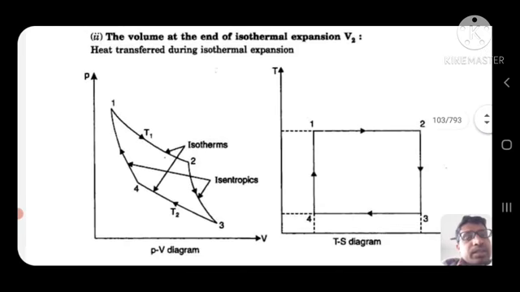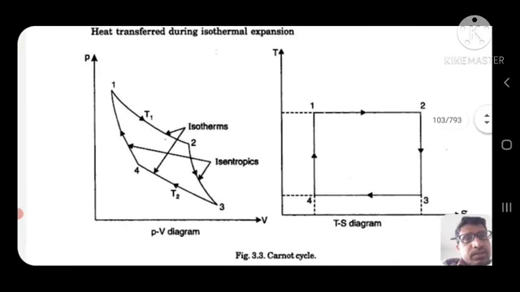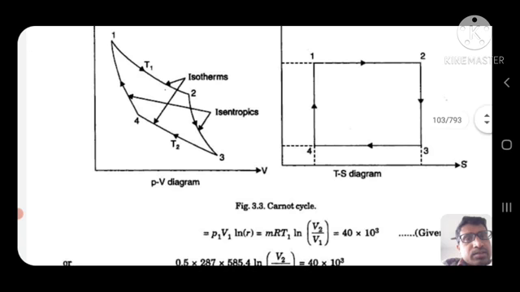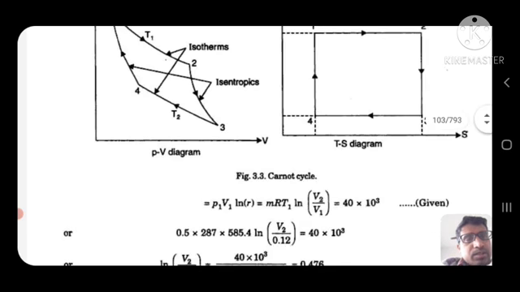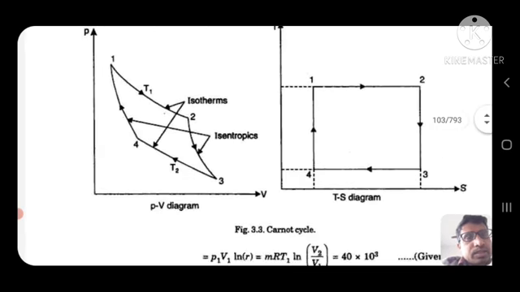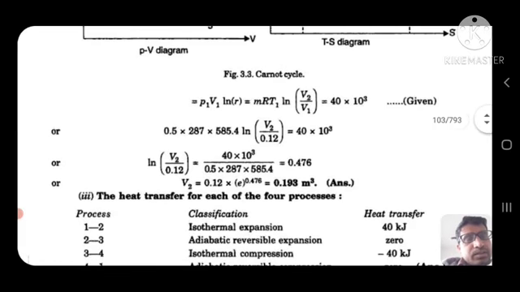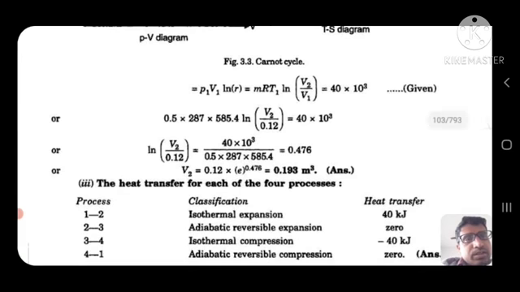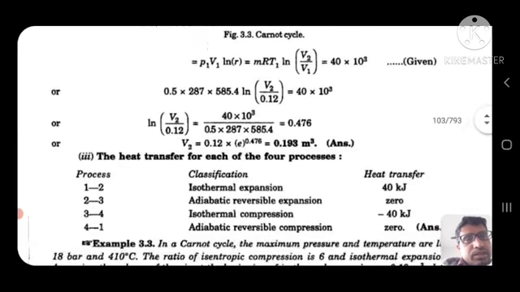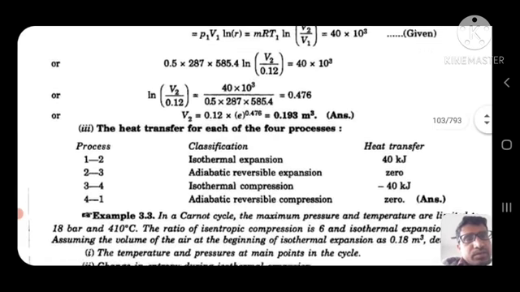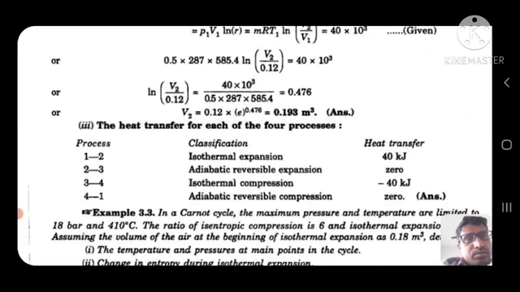The volume at the end of isothermal expansion, V2. Heat transfer during isothermal expansion, isothermal and isentropic: P1 V1 ln (V2 by V1) is equal to m R T1 ln (V2 by V1), 40 into 10 cube is equal to 0.5 into 287 into 585.4 ln (V2 by 0.12).